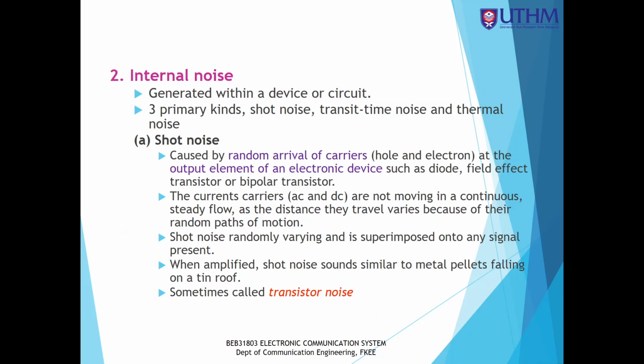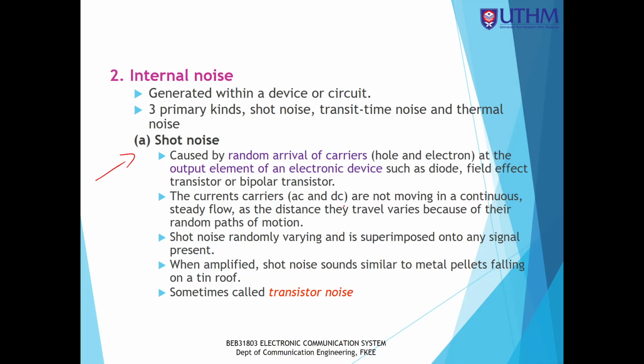Internal noise, generated within device or circuit. So these are the noise that happens inside the system, inside the transmitter or the receiver. The first one is shot noise, okay, caused by the random arrival of carriers, which are the holes and electrons, at the output element of the electronic devices such as diode, field effect transistor, or bipolar transistor.